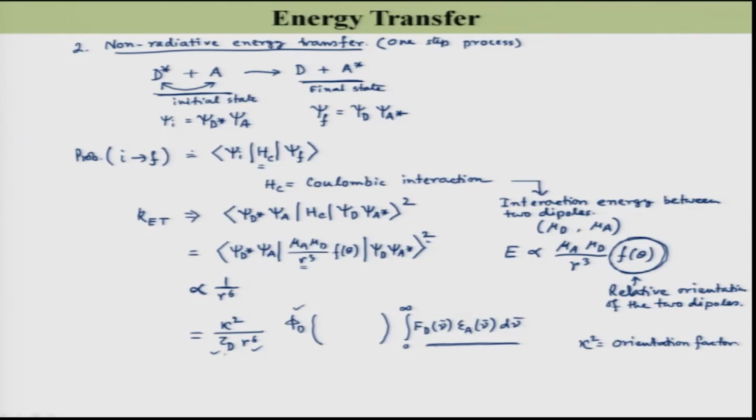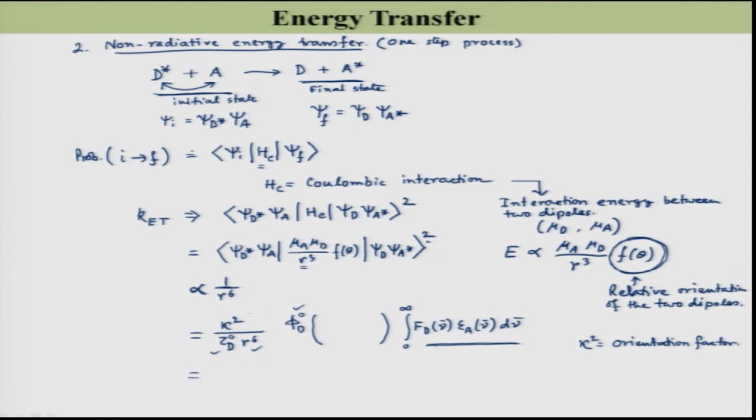Now, considering that, obviously this tau d I should write as tau d 0, because this is the lifetime of the donor in absence of the acceptor, right. And obviously, I should also write this phi d as phi d 0, because this is the fluorescence quantum yield of the donor in absence of the acceptor.